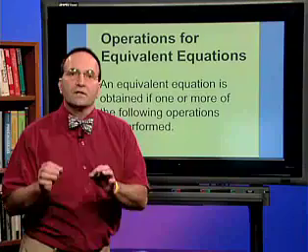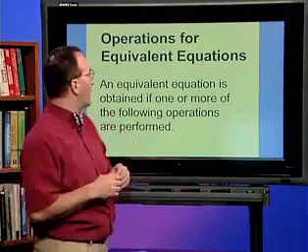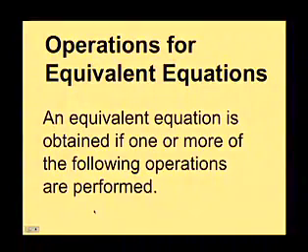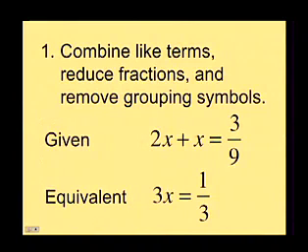Operations that represent equivalent equations. An equivalent equation is obtained if one or more of the following operations are performed. We have combining like terms, reducing fractions, and removing grouping symbols.